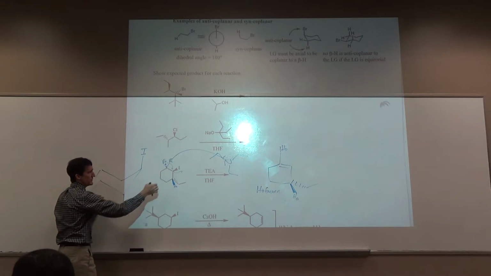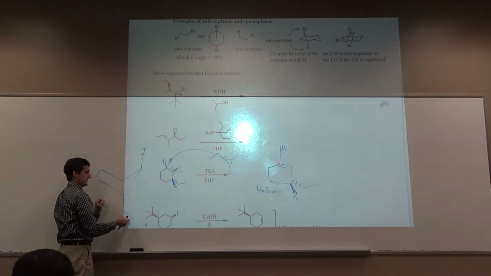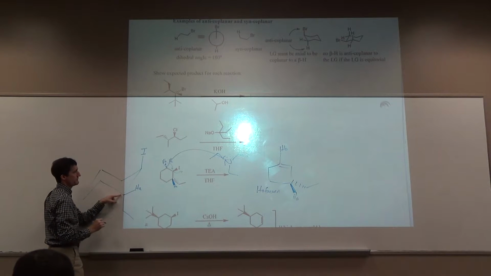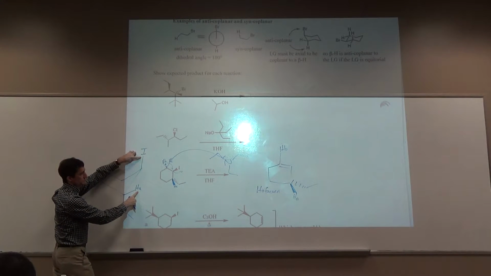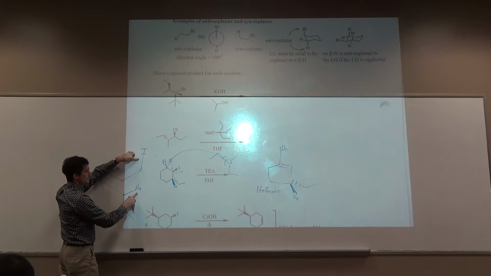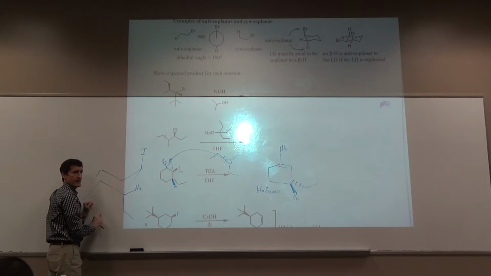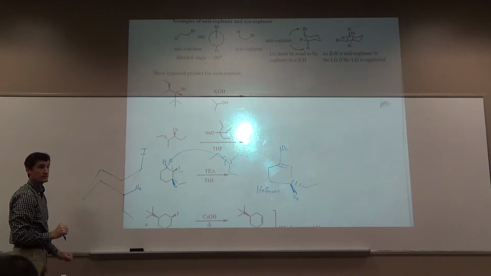Straight down, because they're trans. That's up, this is down. If we're drawing the HA here, these are cis. But is the H anti-periplanar to the iodine? No, the ethyl is. Iodine straight up, the ethyl straight down. The H is not anti-periplanar.